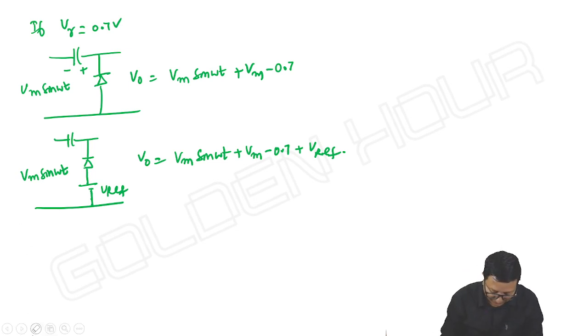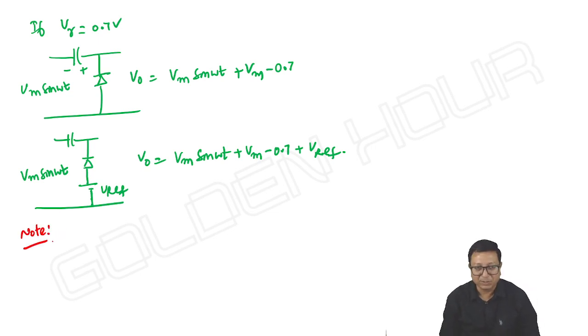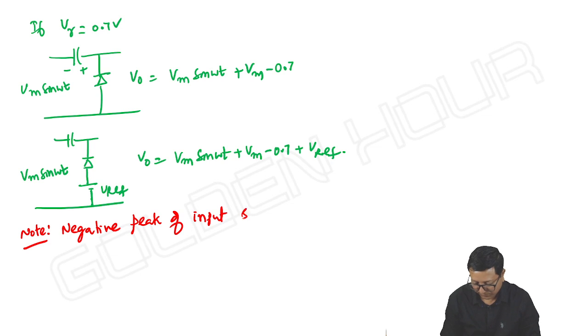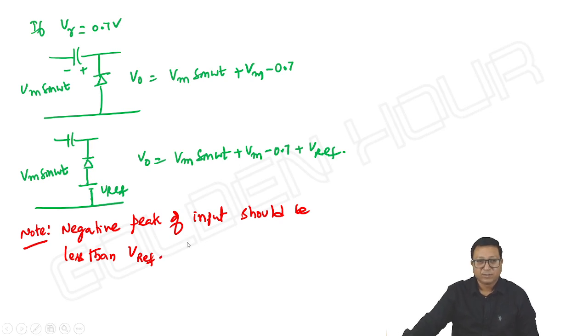Okay, so here note, the negative peak of the input should be less than V reference. So here it looks like V reference is positive, no issues.